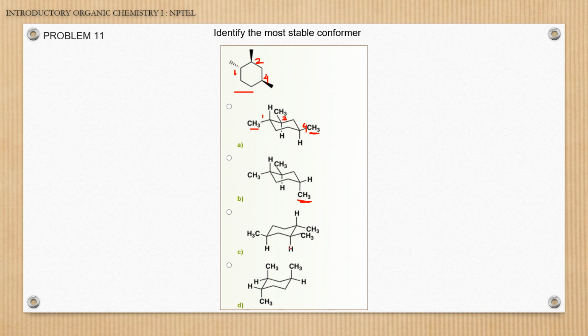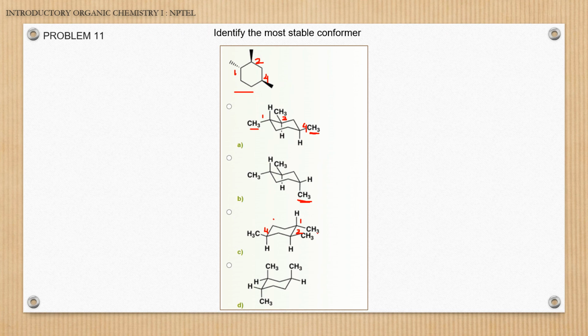When you go to this particular conformation with 1, 2, and 4, here also you can see that one is below the plane, second is above the plane, and fourth is also above the plane. Stereochemistry is matching here, but is it matching here, guys? Steric strain will be there.